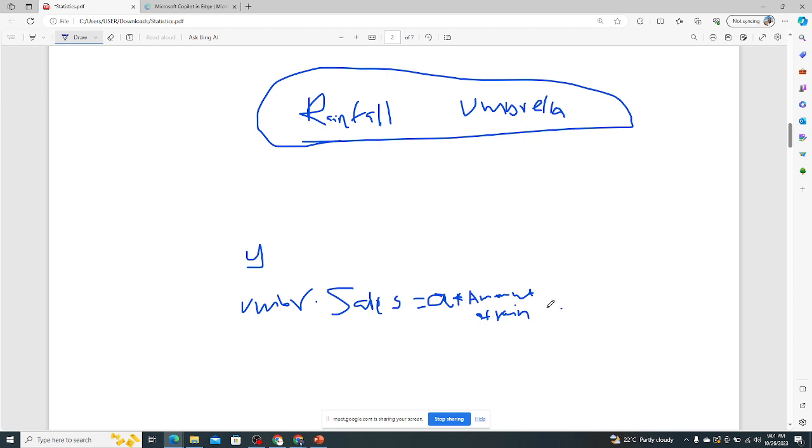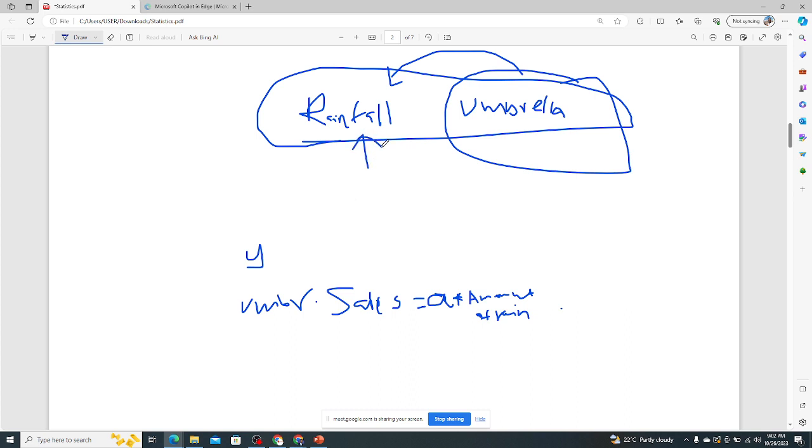Why am I saying that? Because if we are forecasting umbrella sales, then our rainfall data will be our independent variable, our predictor variable.